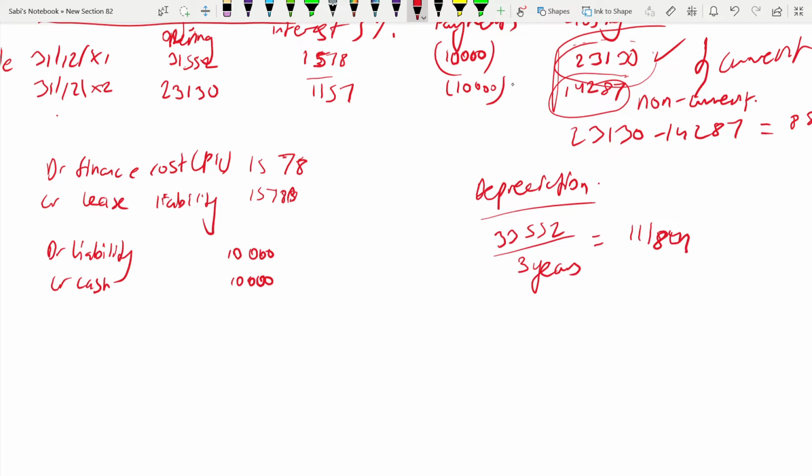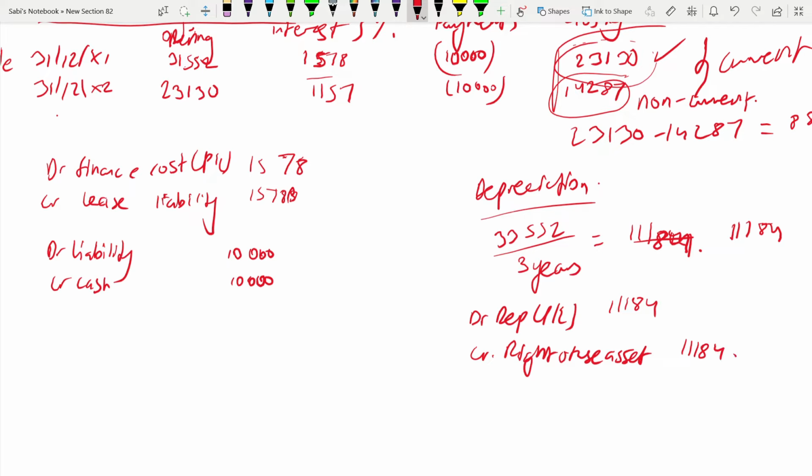Even if you are getting decimals, make sure that you round to a whole figure. So here the double entry will be: debit depreciation, which goes in P&L, 11,184, and you credit right of use asset, 11,184.